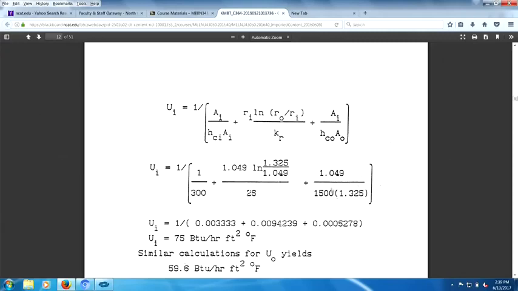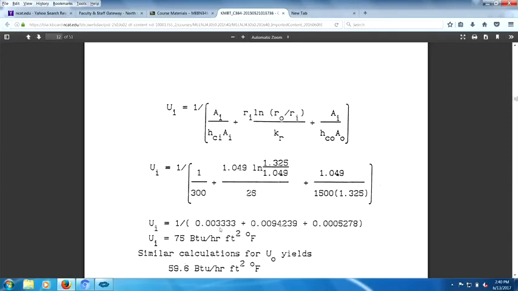I can make all kinds of changes in the steam side, and the effects would be very modest. However, if I come in and take a look at the conduction part, I see the conduction part of the heat transfer is a fairly large number. So this is perhaps a controlling heat transfer coefficient, conduction.